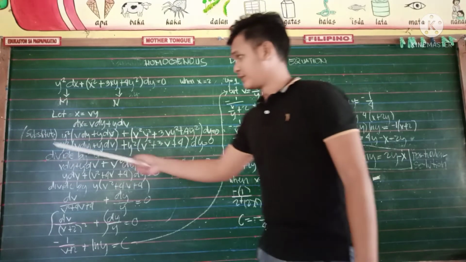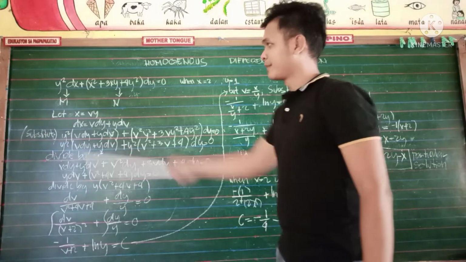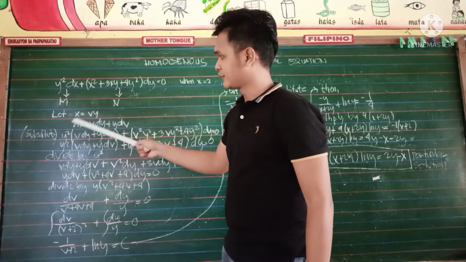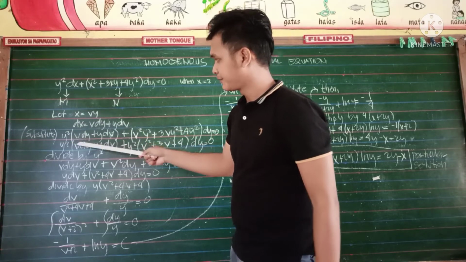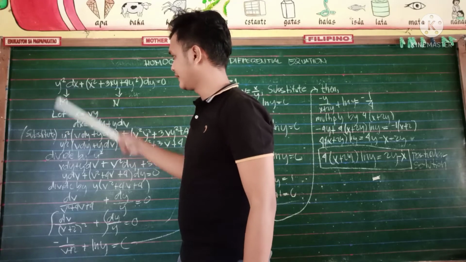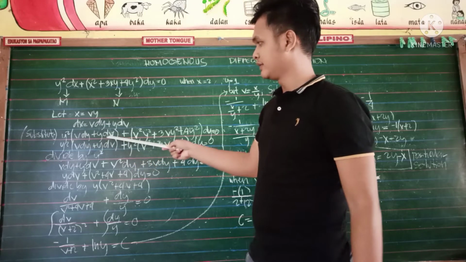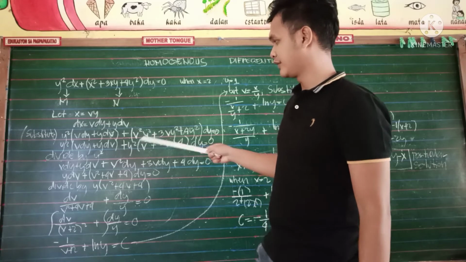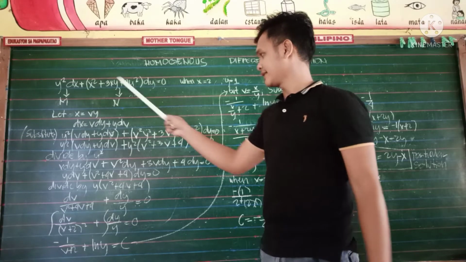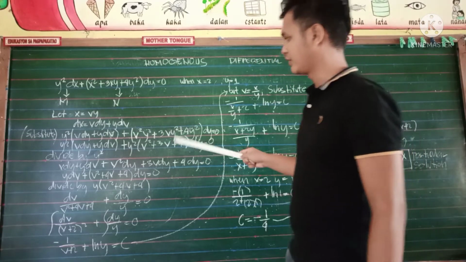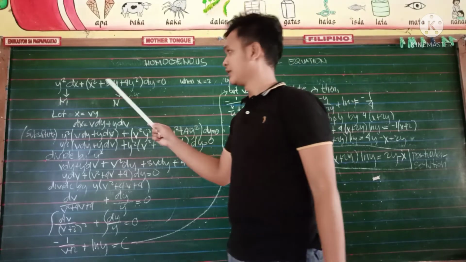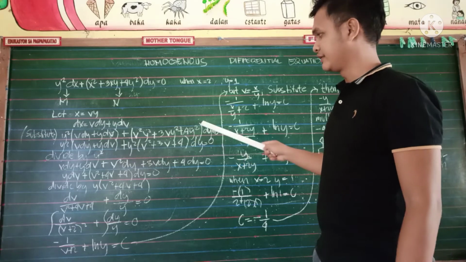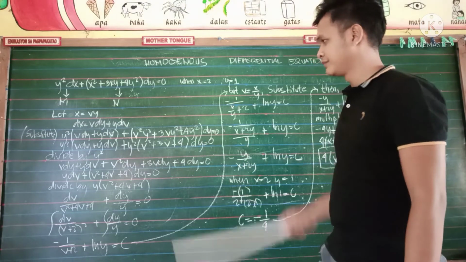So we substitute: y squared times (v dy plus y dv), plus the x squared becomes v squared y squared, plus the 3xy becomes 3v y squared, and plus 4y squared dy is equal to 0.